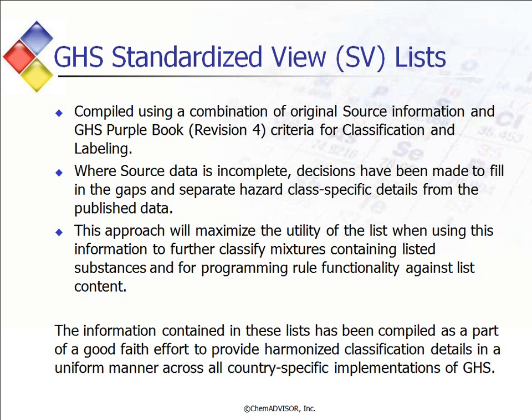We'll include the hazard code right in the list. This approach, again, will hopefully maximize the utility of each of these individual lists for not only the eyeballs, but for programming as well.